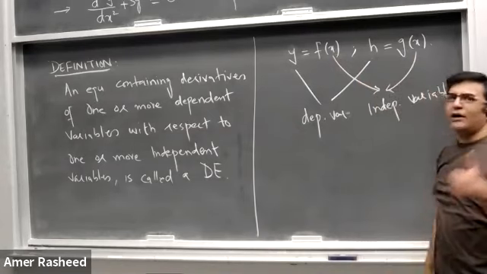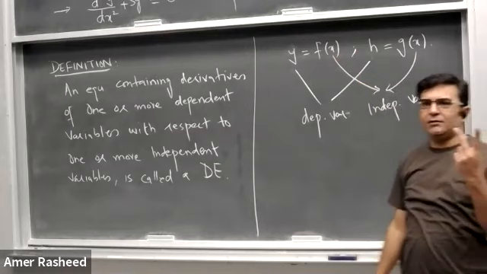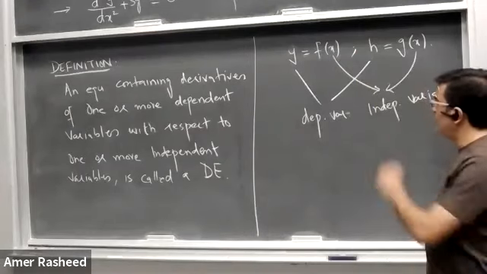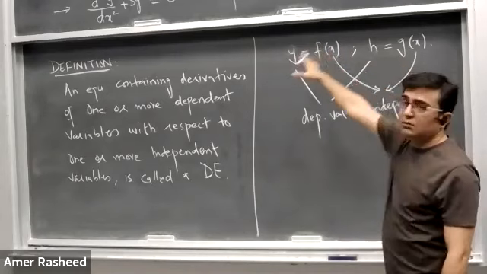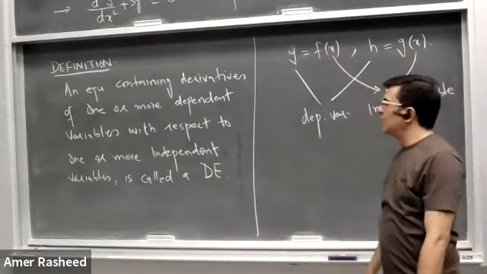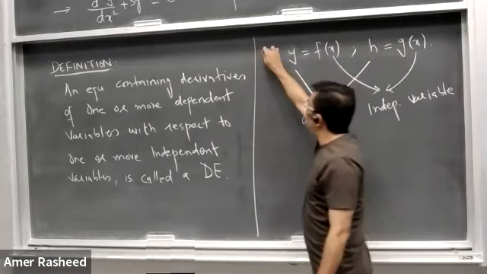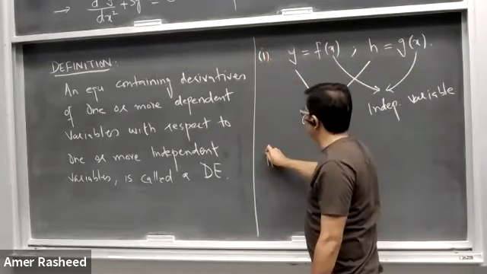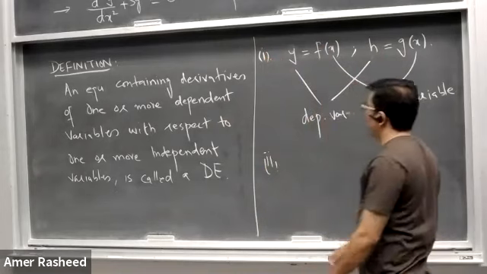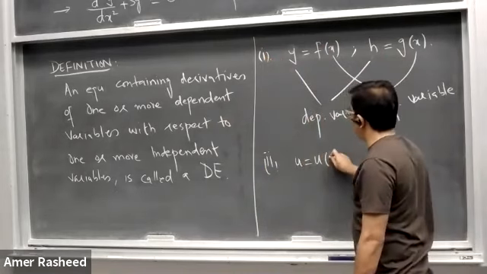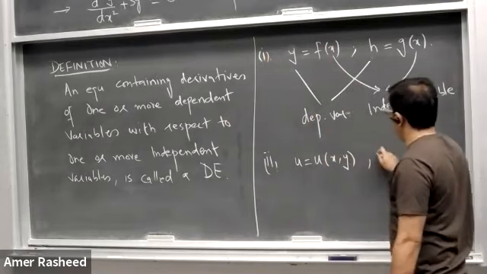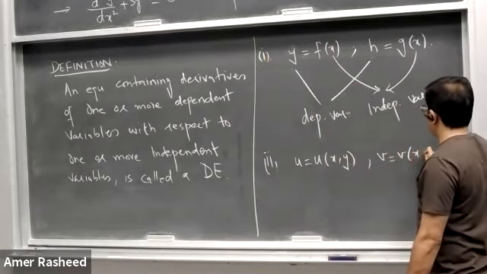Here we have only one independent variable and two dependent variables. So this kind of function can also be considered in differential equations. Another kind of function: you have u is equal to u of x, y, and v is equal to v of x, y.